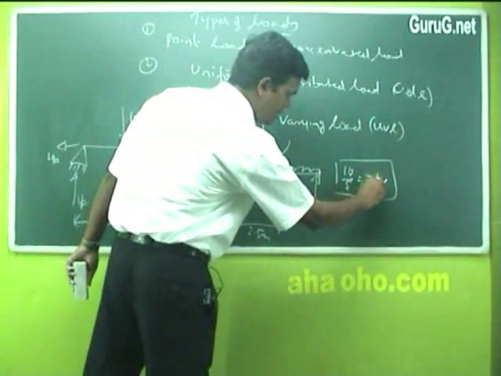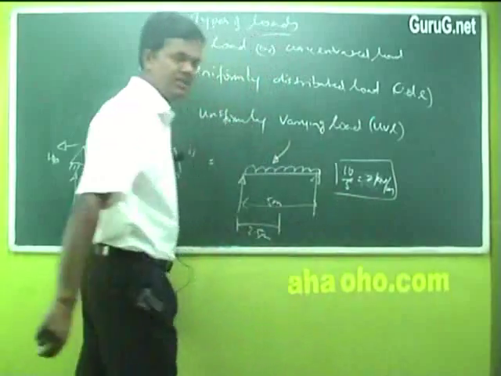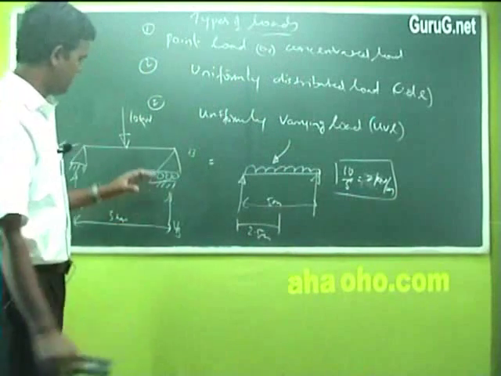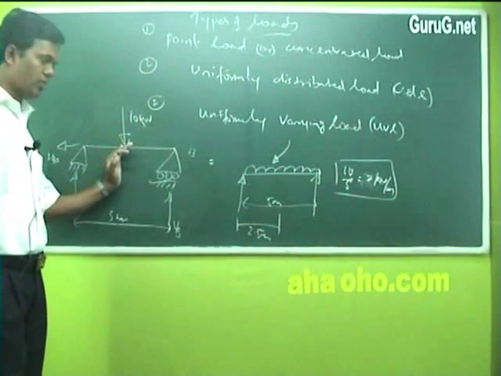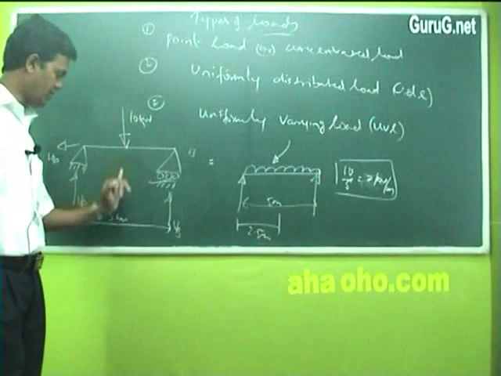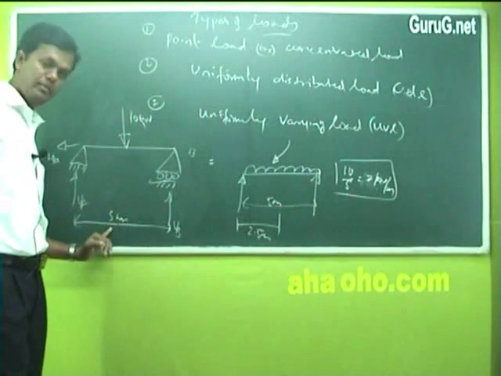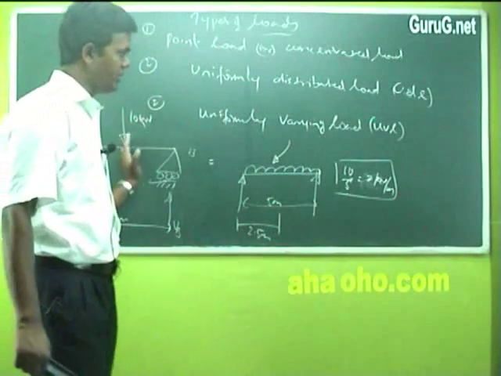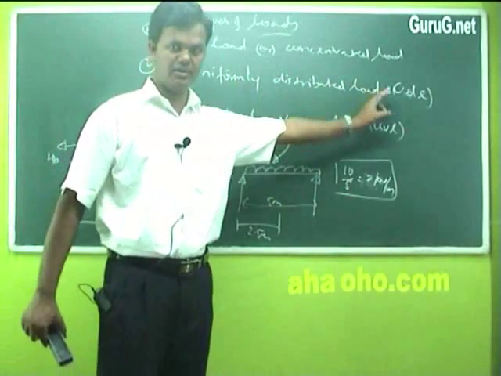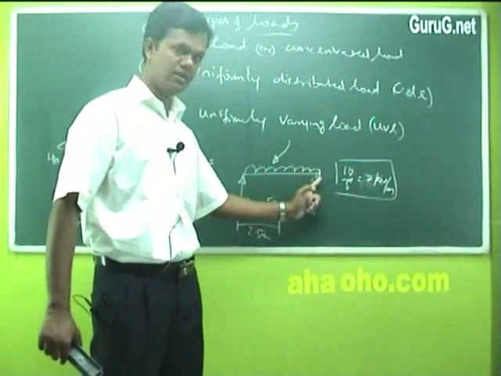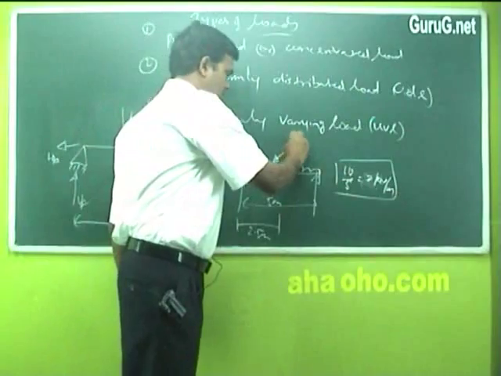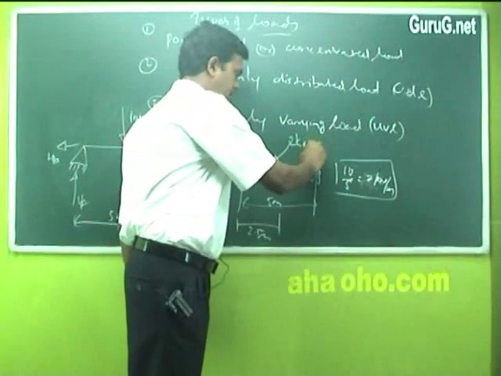This 2 kilonewton per meter is the value. What I mean to say, 10 kilonewton is the point load here, acting at the center point of this beam, which is a total length of 5 meter. This can be shown in terms of uniformly distributed load, that is UDL, in this fashion by indicating here 2 kilonewton per meter.